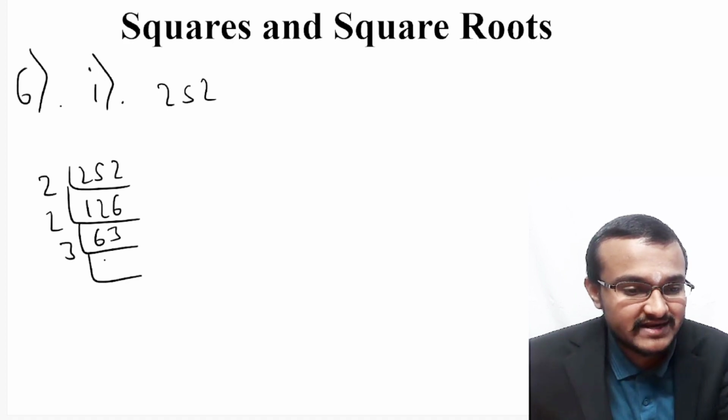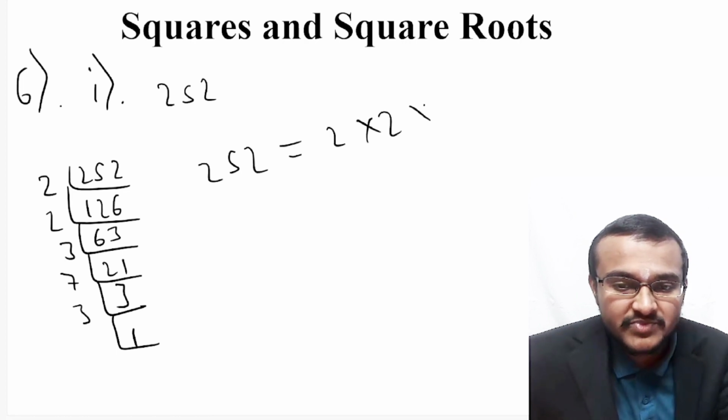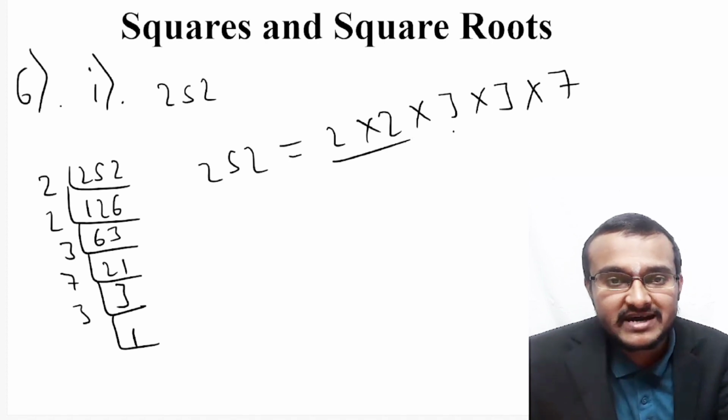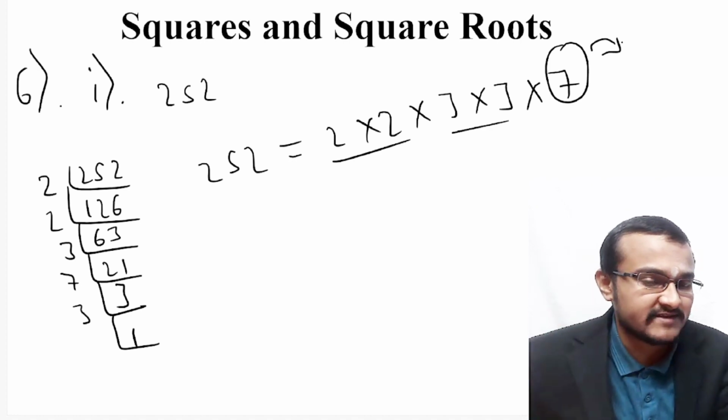When you use 3, you get 21. When you use 7, you get 3. When you use 3, you get 1. So 252 is equal to 2 into 2 into 3 into 3 into 7. Here 2 is getting paired up, 3 is getting paired up, and 7 is left alone. This we have found out in the previous question itself.